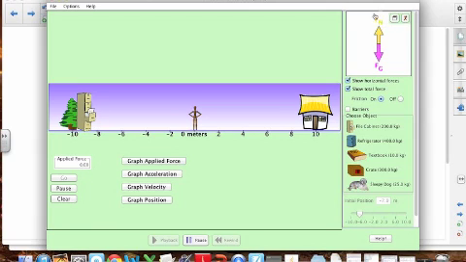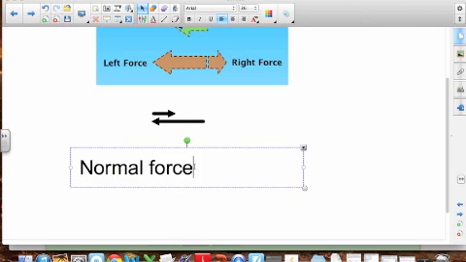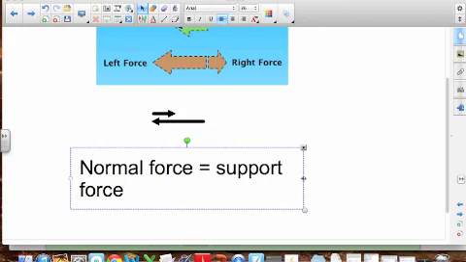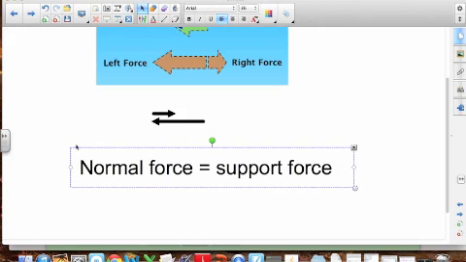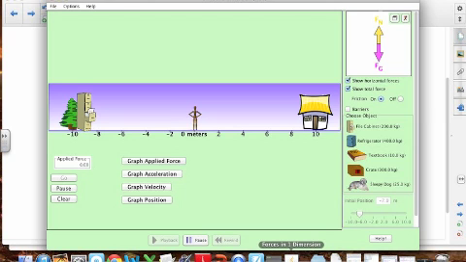And then this Fn stands for normal force. There's really nothing normal about it, but it is the same exact thing as what we call the support force. So whenever you see an F and a little n, that just means normal force, which means the same exact thing as what we have been calling the support force. Support force makes a lot more sense to me.